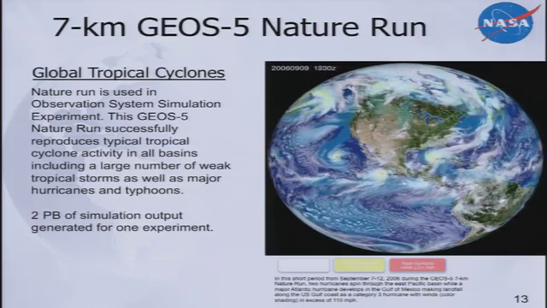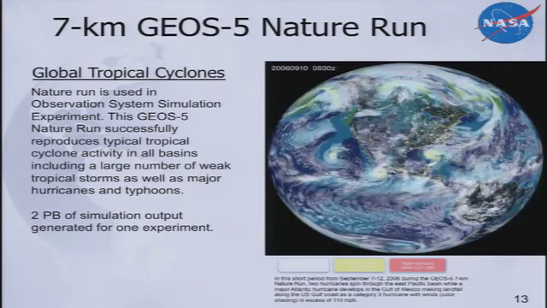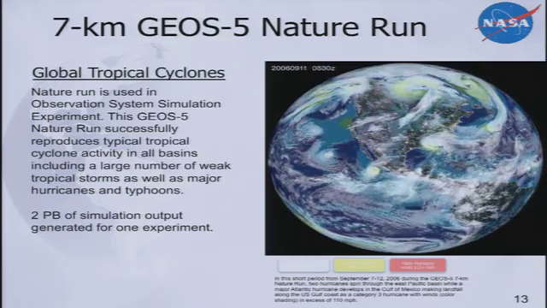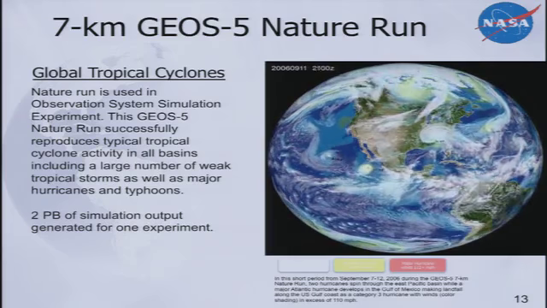This is the system to make that kind of decision. And this experiment itself generates 2 petabytes of data for 2 months of weather. So it's just showing the data volume is getting bigger and bigger.